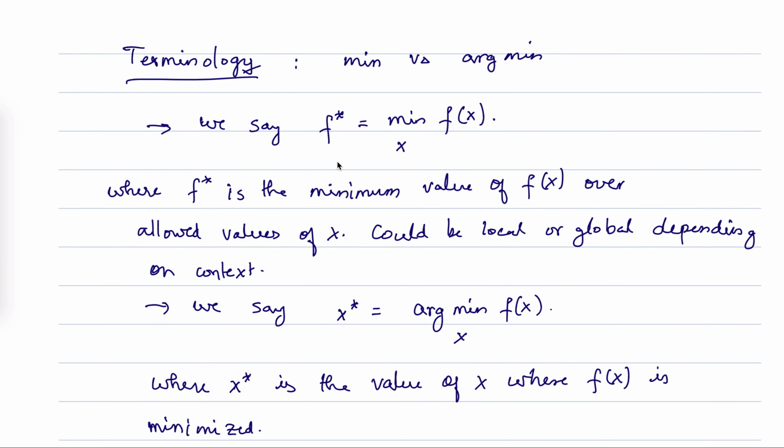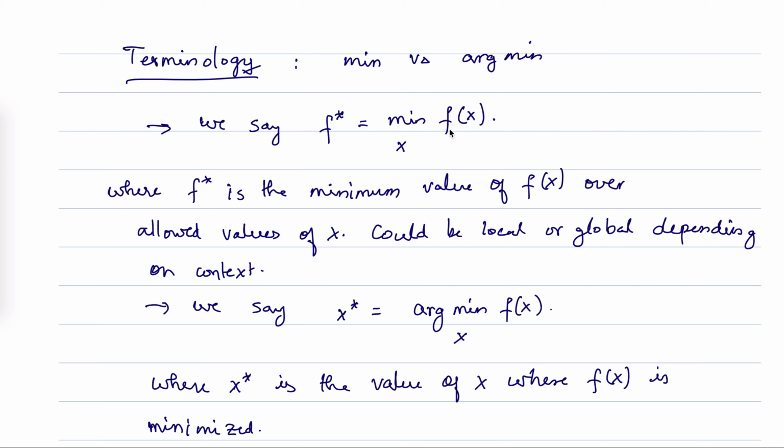Okay, more terminology. This is a terminology. Minimum, min kind of makes sense, pretty intuitive. This is a terminology that you might find in some machine learning books. Let's say argmin. This is read as argmin. Let's first talk about min.